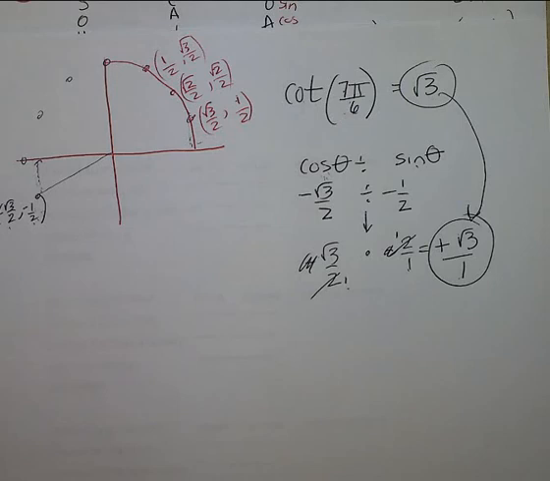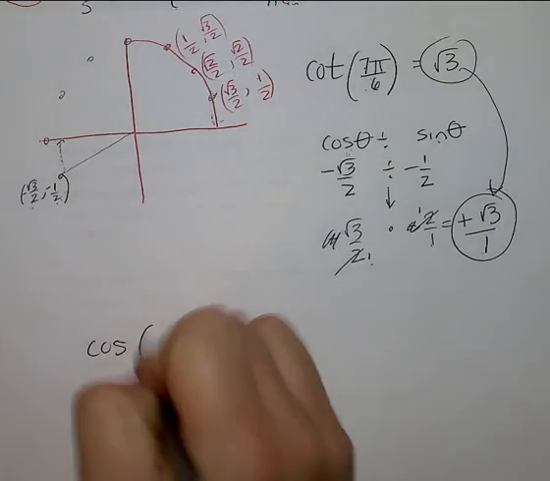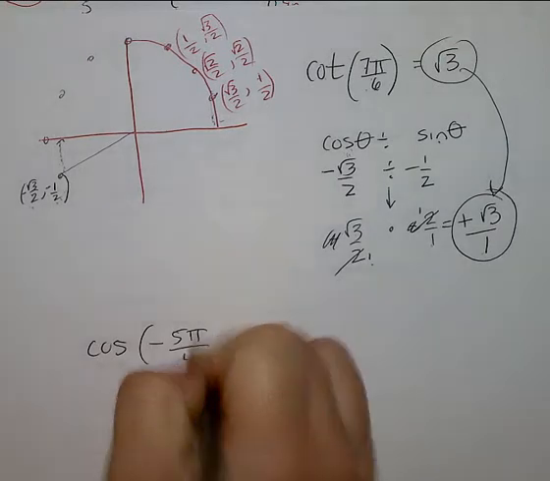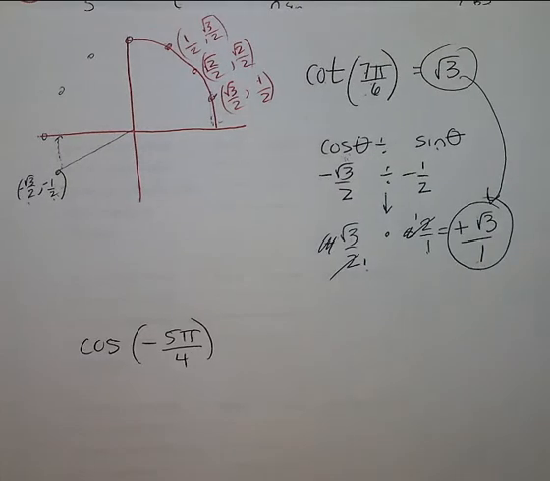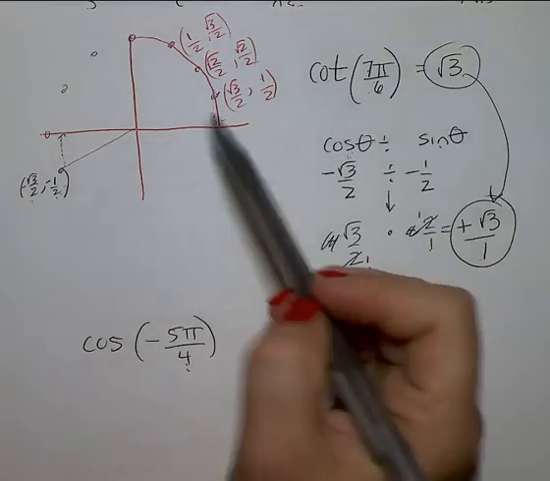Let's this time do cosine of negative 5 pi over 4. Step 1, locate where this is. So in my mind, I'm going to work through this a little bit slower.